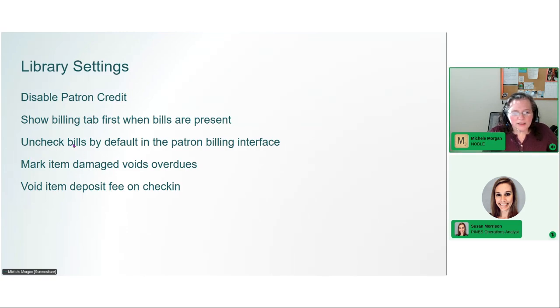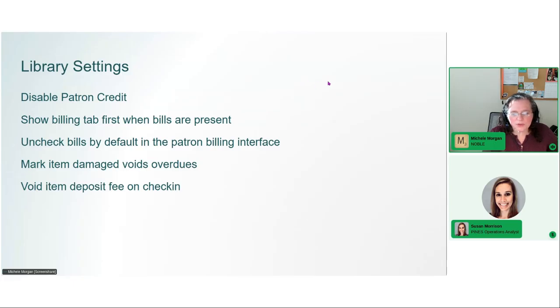This next one, uncheck bills by default in the patron billing interface. This means when you go to the billing screen, you have nothing selected. It requires the staff user to either click to select all the billings or select them individually.